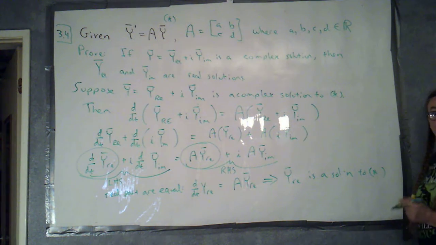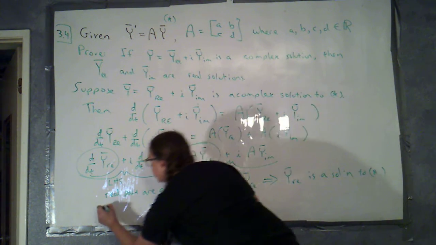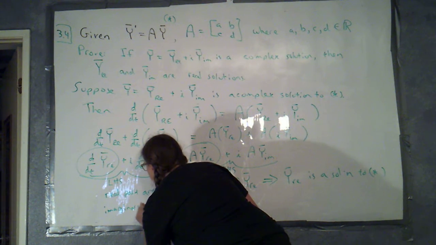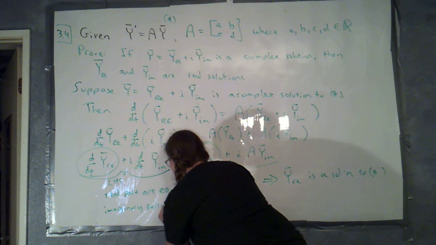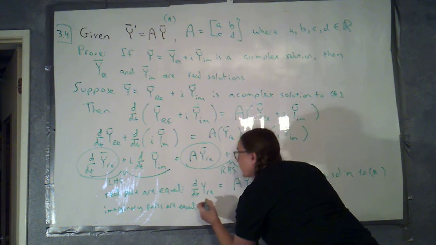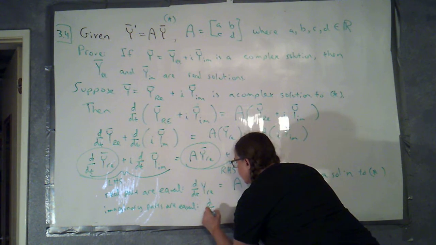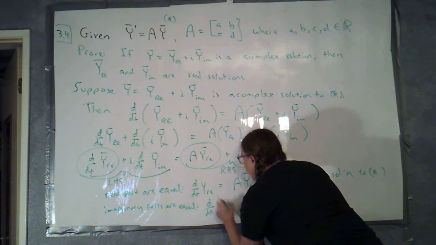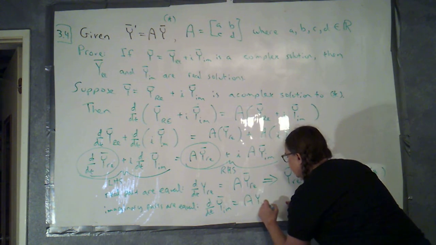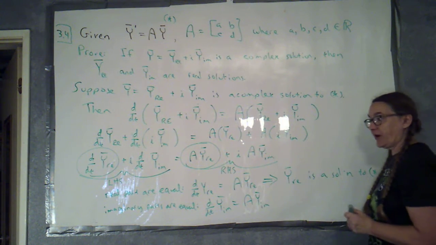And now I just have to do the same thing for the imaginary parts. The imaginary parts are equal. So, the derivative of the imaginary part is equal to A times the imaginary part.